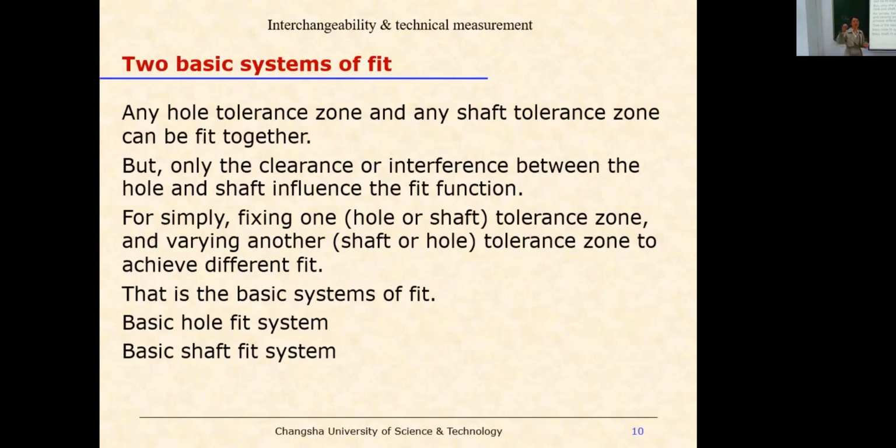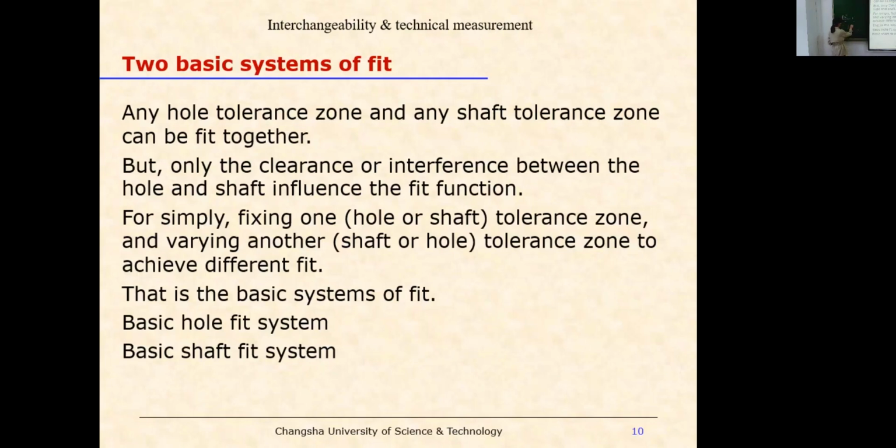This means that if you fix one, like the hole, I choose H. H means that you fix it. The tolerance H is this one, right? The EI equals 0. The fundamental deviation is 0.